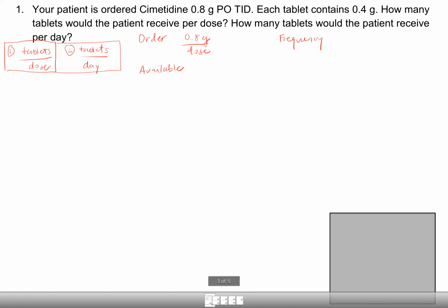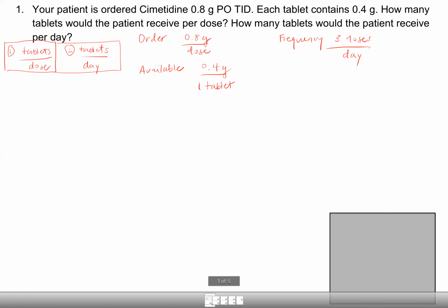Your frequency is TID, and you'll start to learn the medical abbreviations, 3 doses per day. Each tablet contains 0.4 grams per 1 tablet.